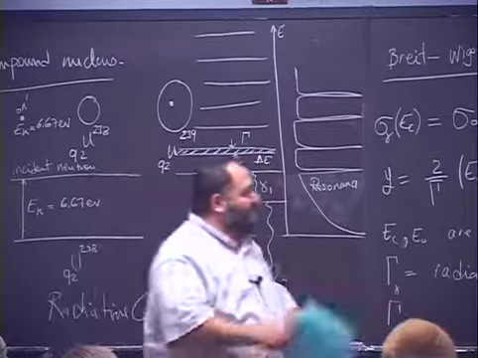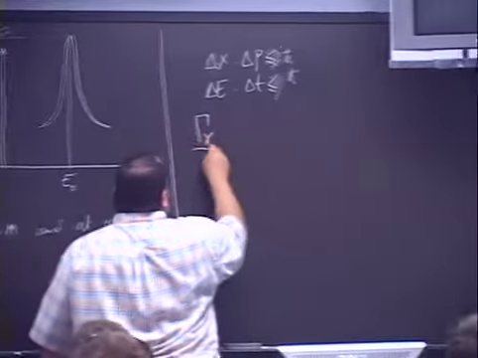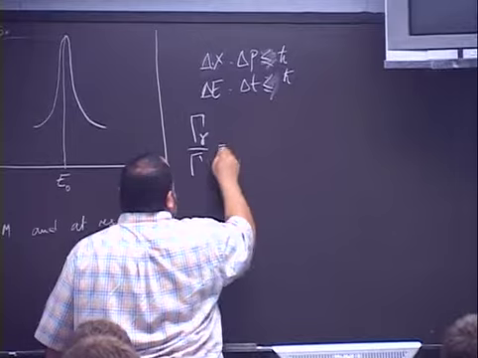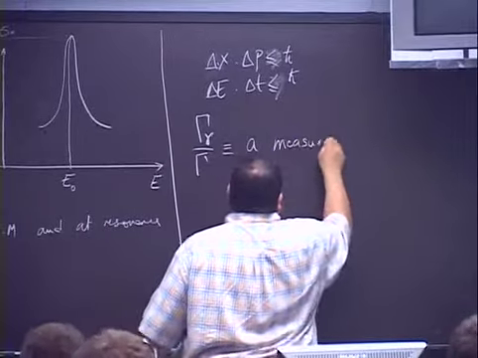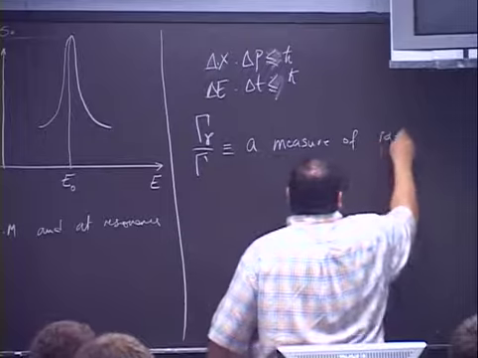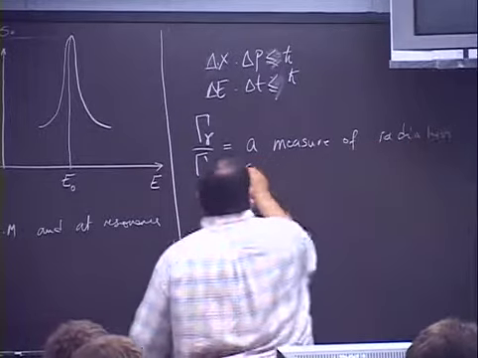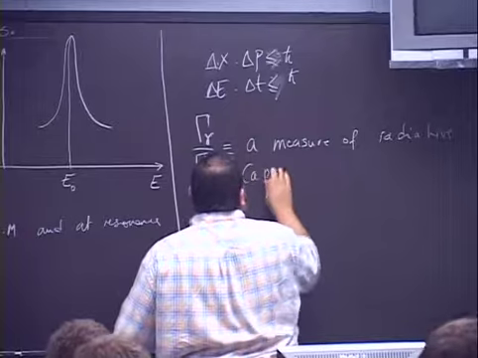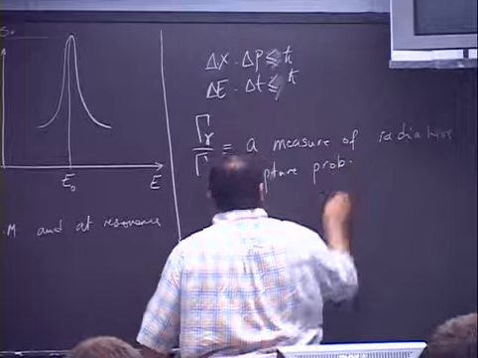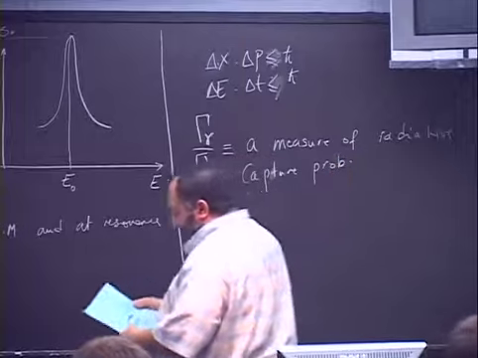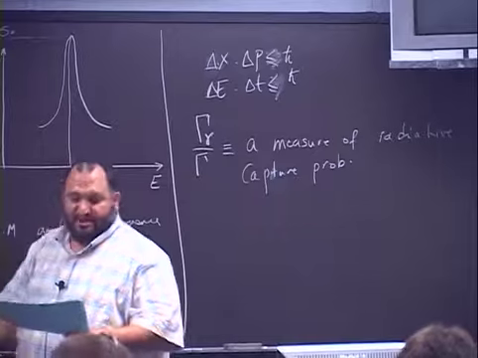So if you divide gamma gamma by gamma, this is a measure of the radiative capture probability. This is the probability that the compound nucleus will decay by gamma rays.